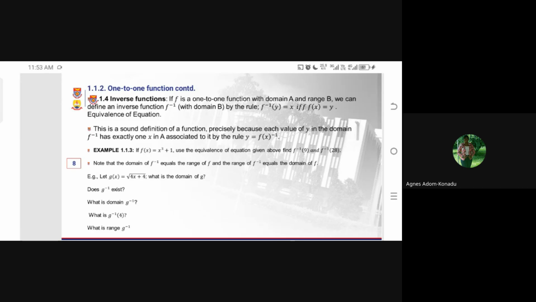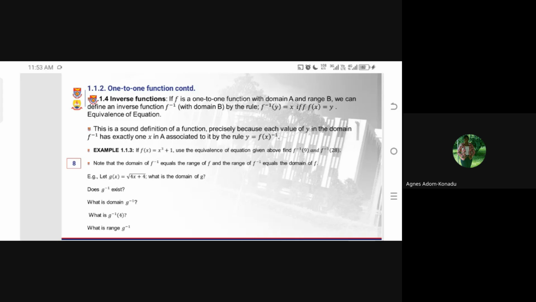So we would continue solving some examples. We are saying that if f of x is equal to x cubed plus 1, use the equivalence of equation given above, find f inverse of 9 and then f inverse of 28. The equivalence equation we are talking about is what is at the beginning.